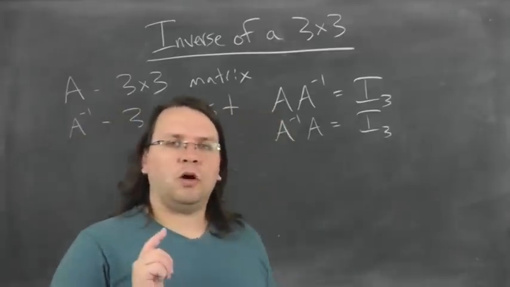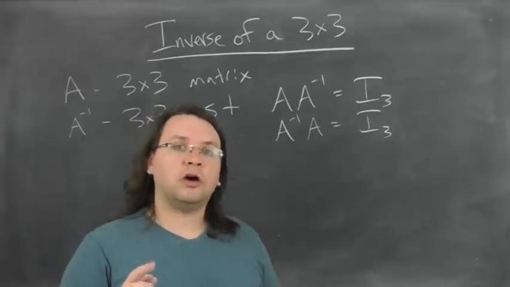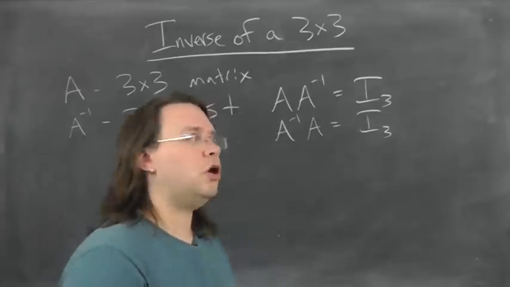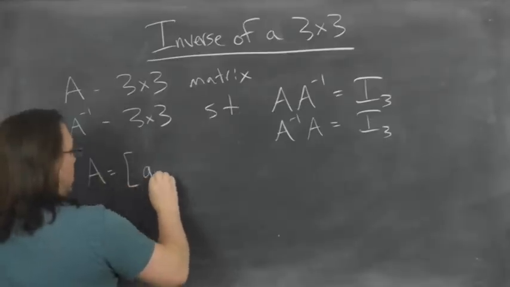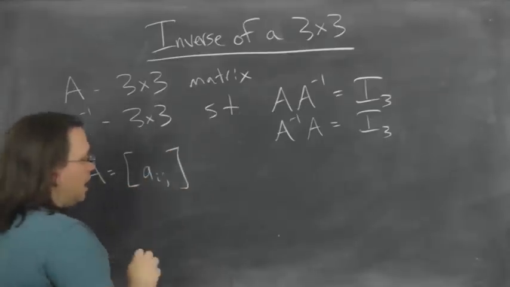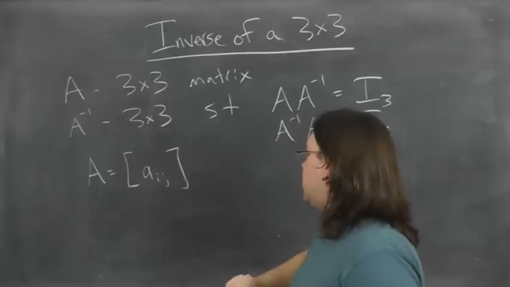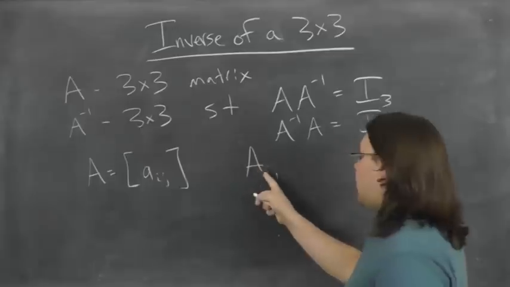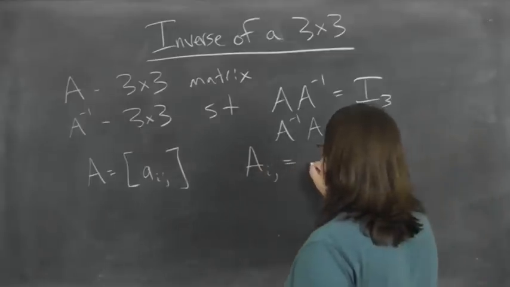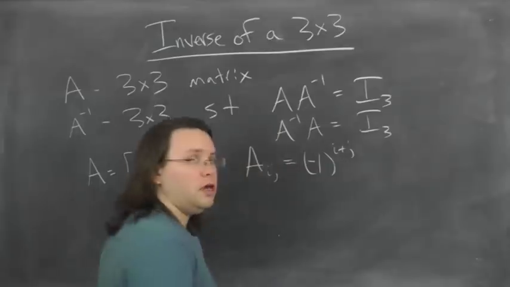So what are we going to do? Well, we need to use determinants somehow, and in fact we need to use cofactors as well. So recall that if A is given by these a_ij's, which means the entry in the ith row and the jth column, then the cofactor A_ij, capital A, is minus 1 to the i plus j.